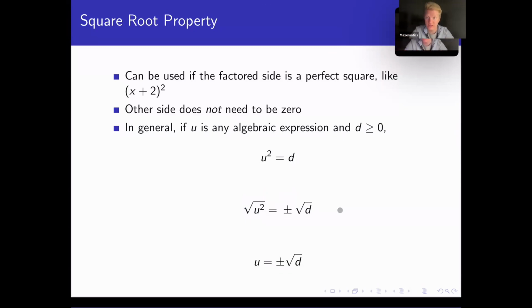I also want to stress this is only for when we are solving equations. Think back to chapter P when we were just looking at random radical or root expressions. We don't magically pick up a plus and minus when there is no equation to solve. This is only used when we are solving an equation.